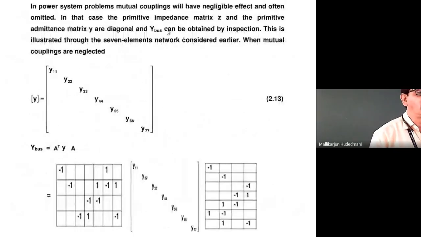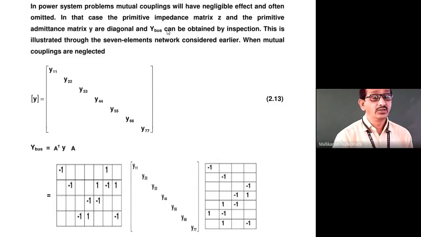The Y primitive matrix in equation 2.13 is placed with 7 values diagonally. Y11 refers to element 1, the 1 cross 1 element. Y22 is 2 cross 2, second row, second column. Like that, diagonally you will find all the elements.